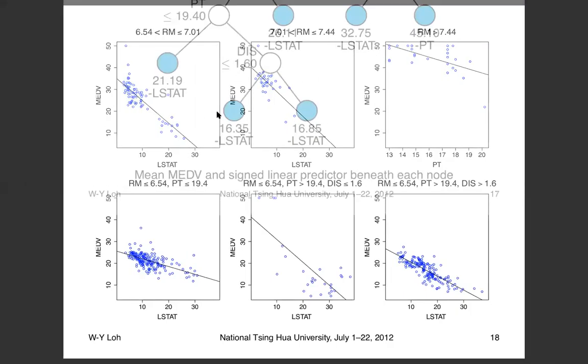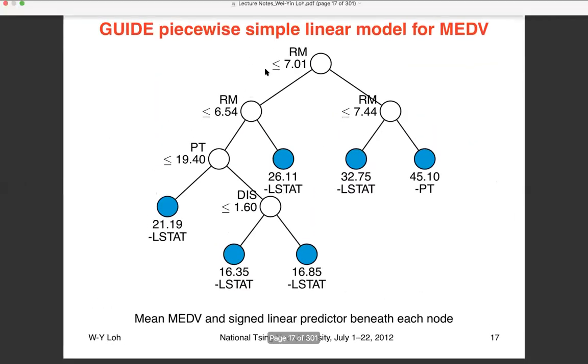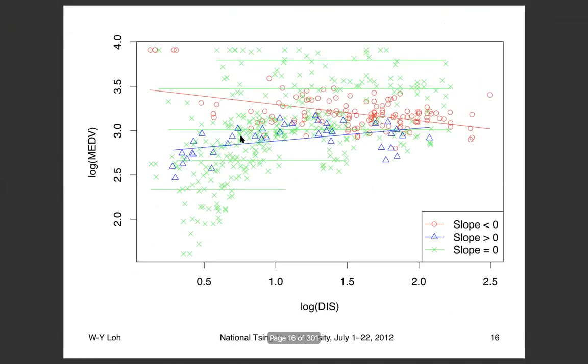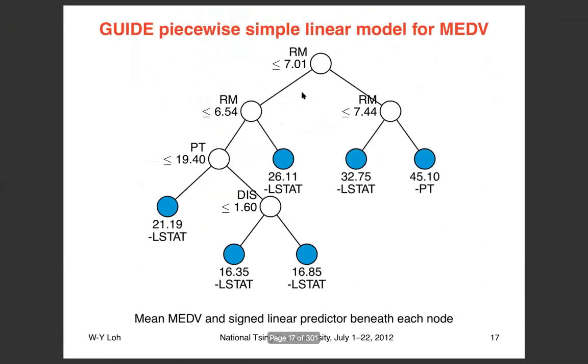Okay, this is an example of GUIDE producing a linear regression tree. These are the splits, and these are the threshold values.